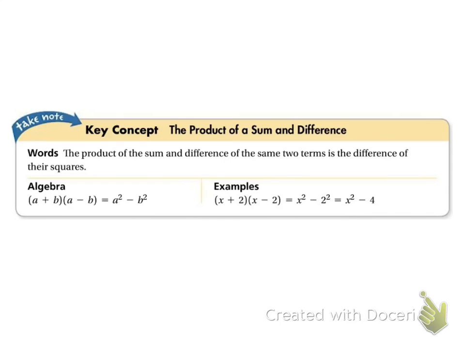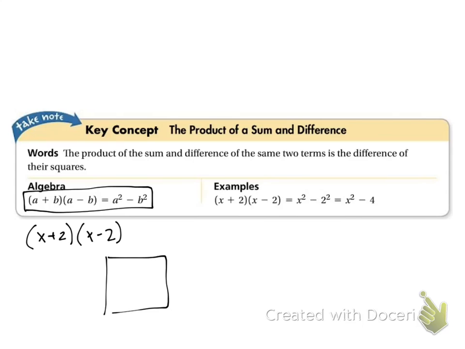Our last shortcut is the product of a sum and a difference. This is when you have x plus 2 times x minus 2, that sort of thing. So here's our general form. Those two middle pieces that we would have had actually cancel each other out. Let's say we have x plus 2 times x minus 2. Let me show you how this works out on the table version. x, 2x, negative 2.